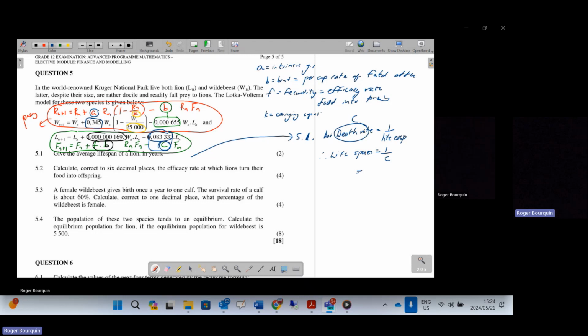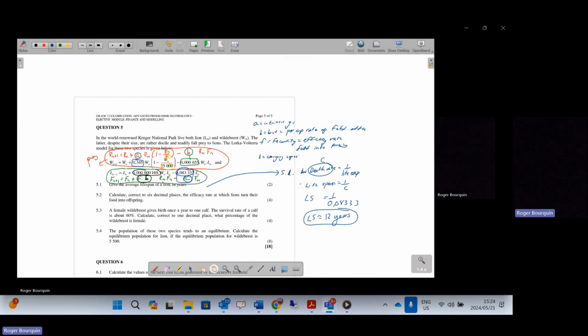So your lifespan is equal to 1 over 0.08333, and you end up with a lifespan of approximately 12 years for a lion. Right, so now I've got the lifespan of a lion as 12 years.